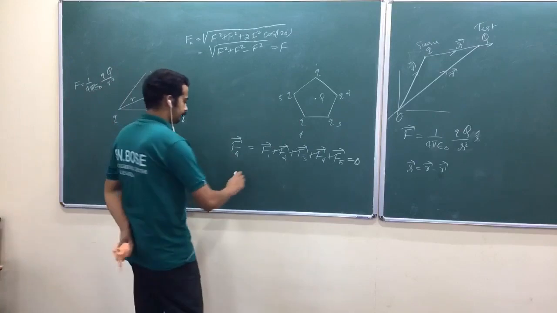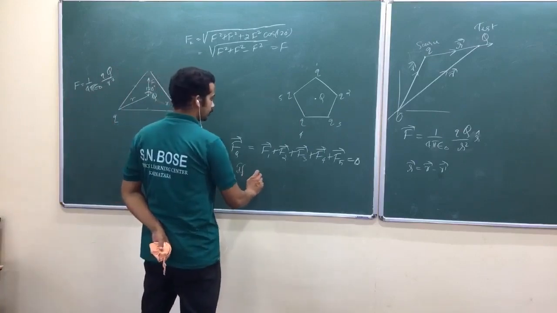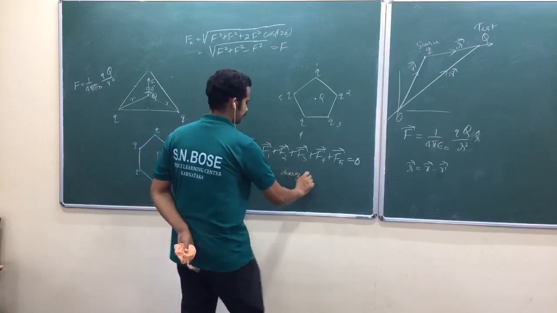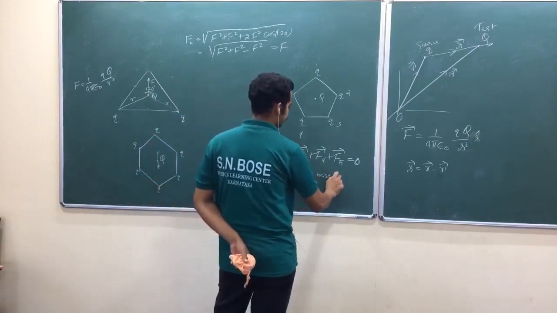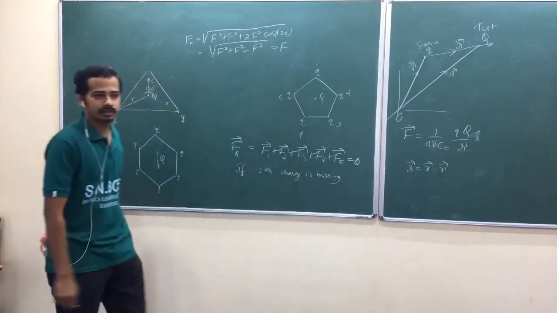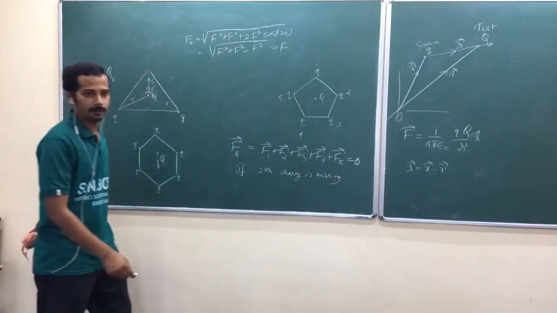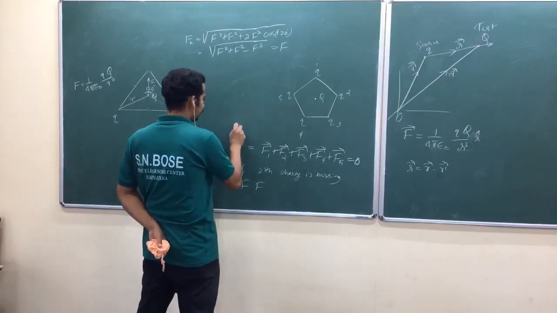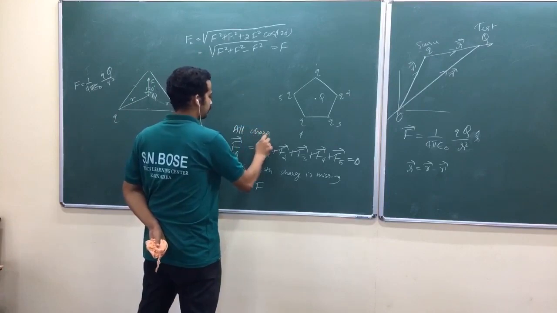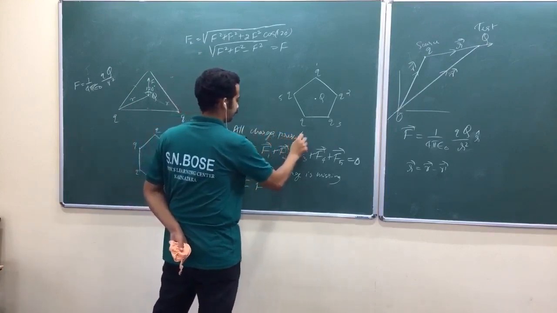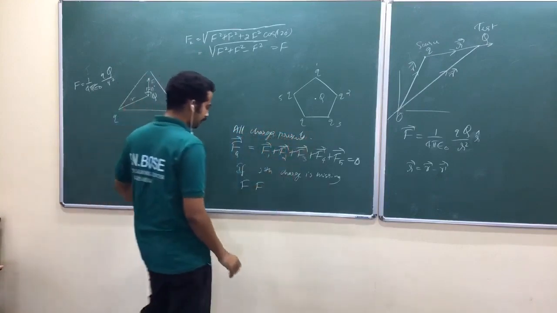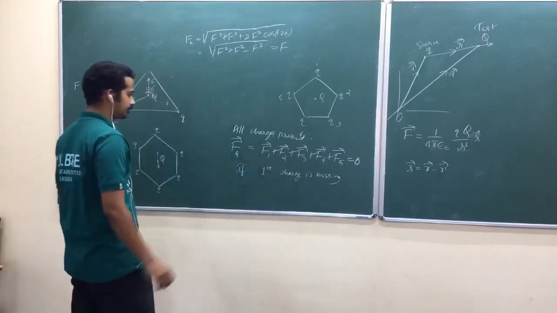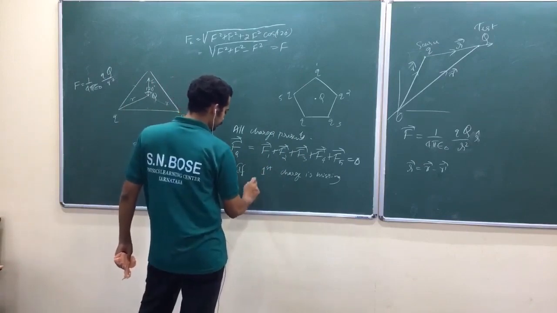Now look at here. If the first charge is missing, obviously the net force is non-zero, isn't it? If the first charge is missing, what is the force on Q?